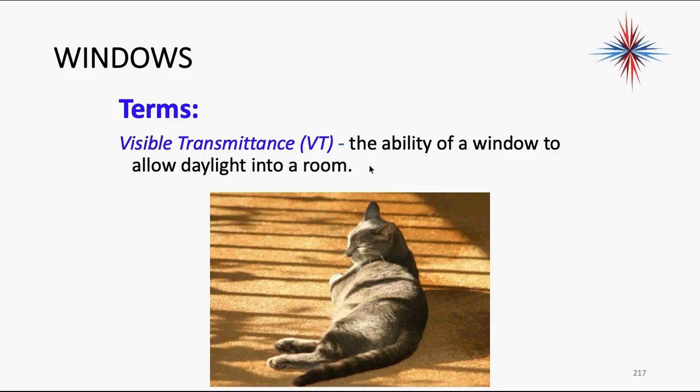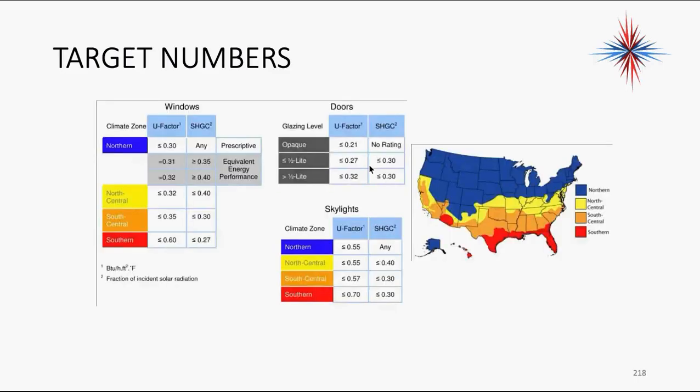Because they want to make it easy on everyone, there are target numbers we want in different places. Different climate zones. The country is built up into climate zones. You have the northern climate zone, that's all in blue. You have the north central, south central, and southern.